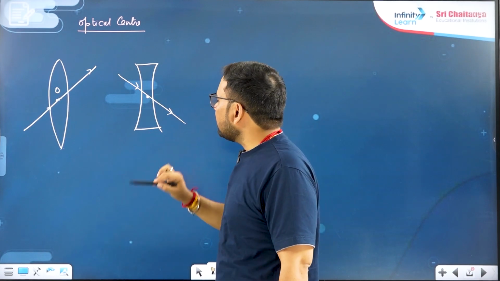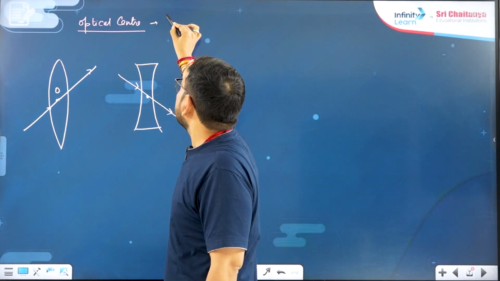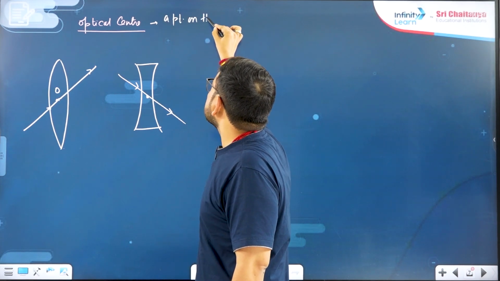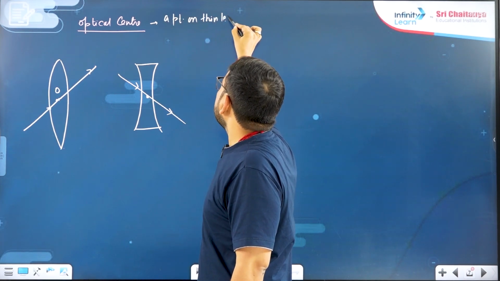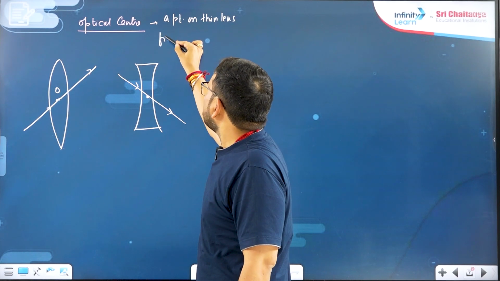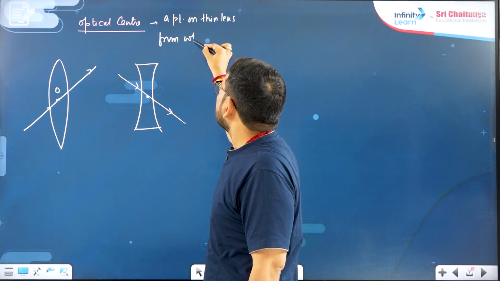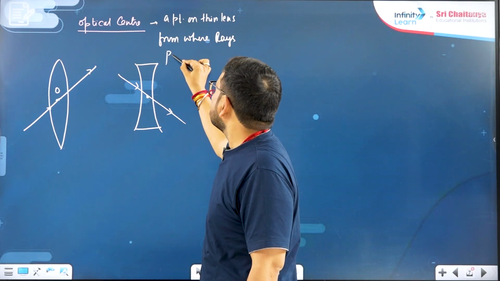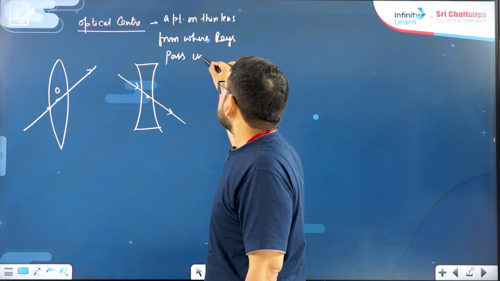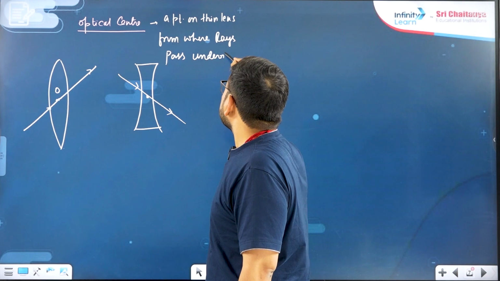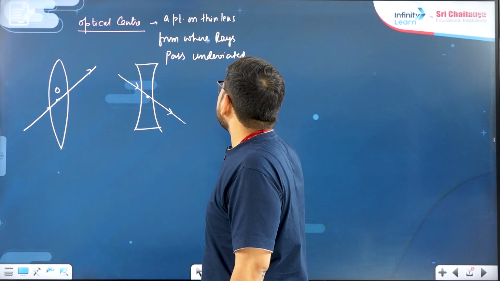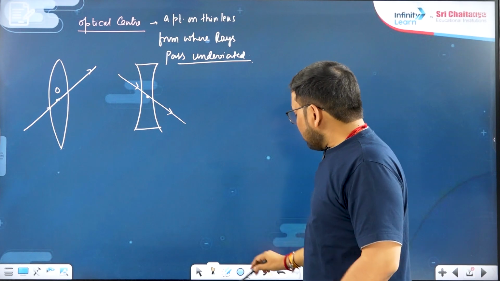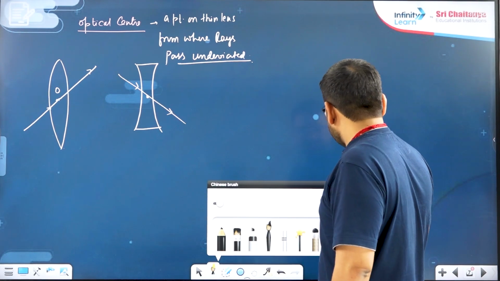So that is the first point we can say: optical center, a point on a thin lens from where rays pass undeviated.